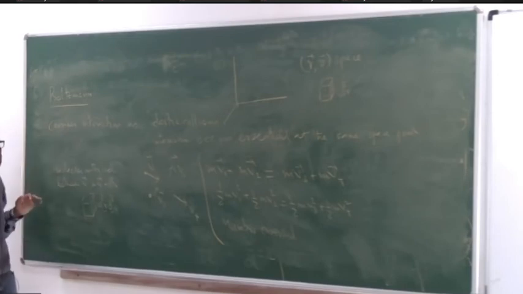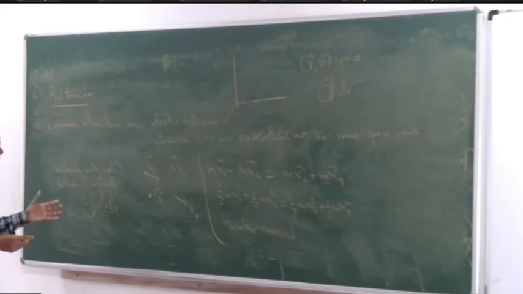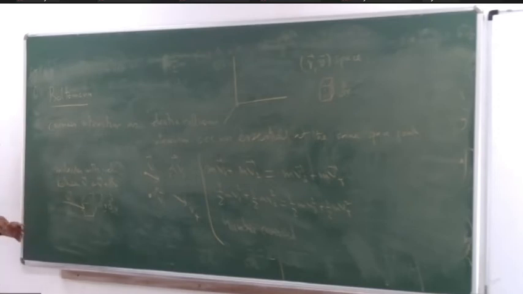And what is happening to them? They are being hit by molecules which come and hit them with a velocity v1. So how many collisions per unit time? That is what we need to write down.